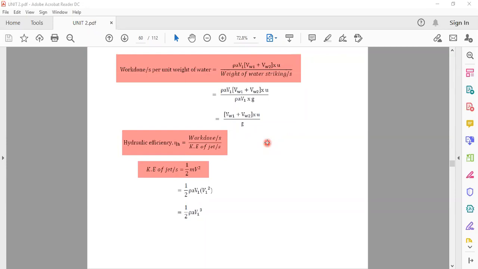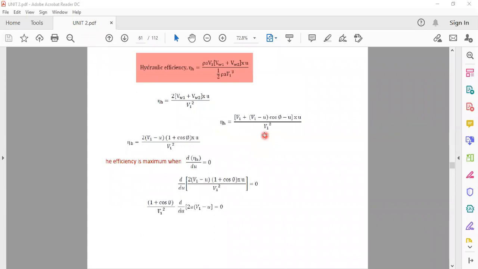So kinetic energy of jet per second equal to 1 half m v square equal to 1 half rho a V1, V1 square. So finally 1 half rho a V1 cube. So hydraulic efficiency we have discussed.